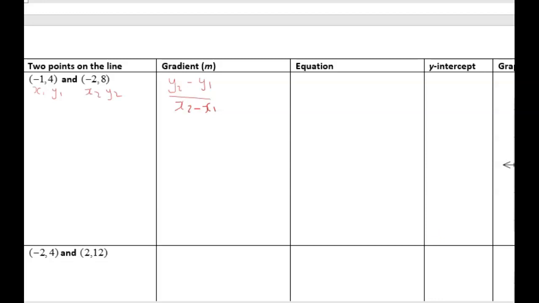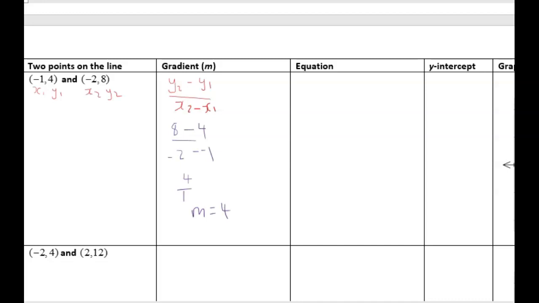Okay, so y2 is 8, y1 is 4, x2 is negative 2, and x1 is negative 1. So don't get mixed up with your negative. We've got a minus there, but we've also got a negative 1. So 8 minus 4 is 4, and negative 2 plus 1 is 1. So your gradient is equal to 4.